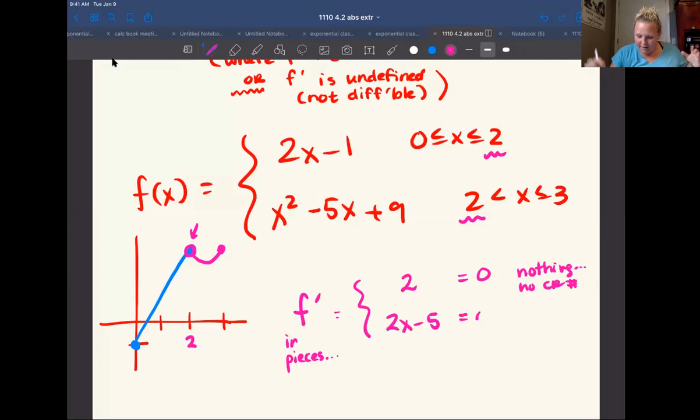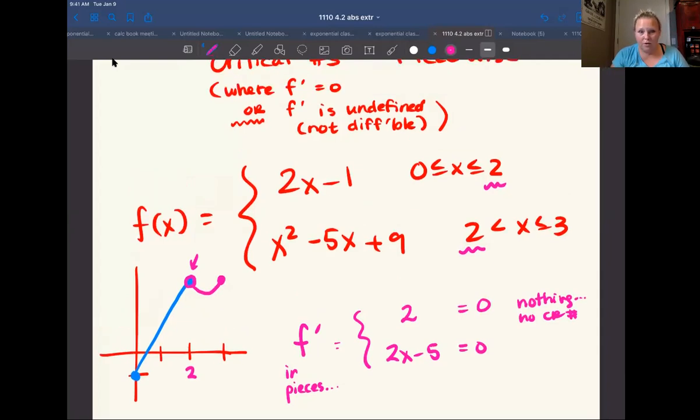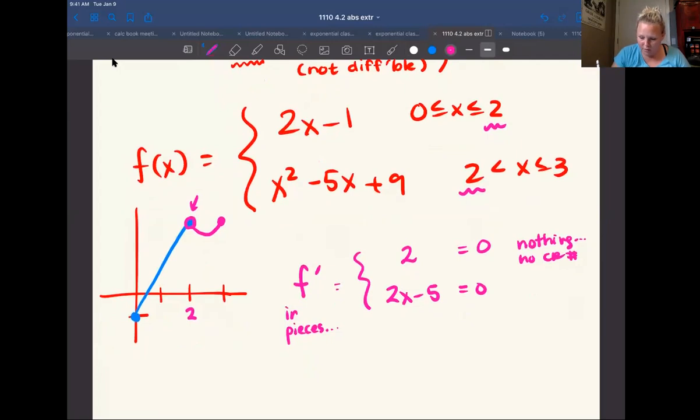And then what would make the right piece of the function's derivative 0? Because again, that's what a critical number is, what makes it 0. So for this one, if you set that derivative equal to 0, you get 2x equals 5. So 5 halves, or 2.5, right?